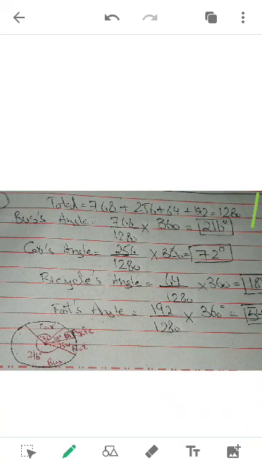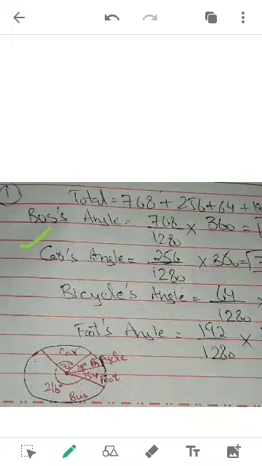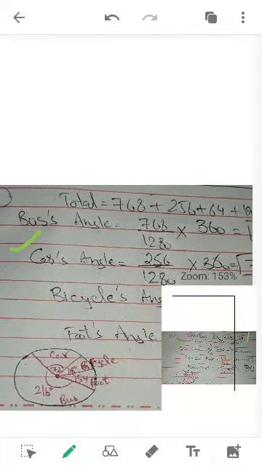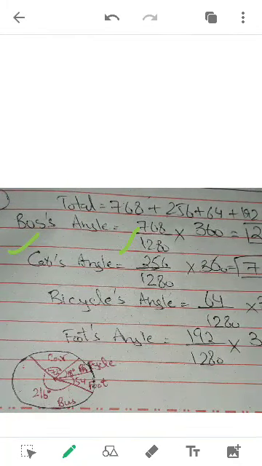Now I have calculated the bus angle. If you look at this value, it is exactly similar to the percentage: 768, the given value, in the numerator and the total value in the denominator. But when we calculate a percentage, we multiply this by 100. This time I am multiplying it by 360, not 100. Why? Because I do not have to calculate the percentage, I have to calculate the angle it will make on the pie chart.